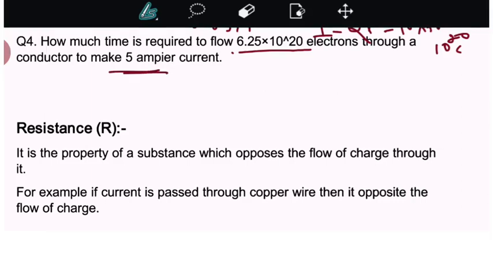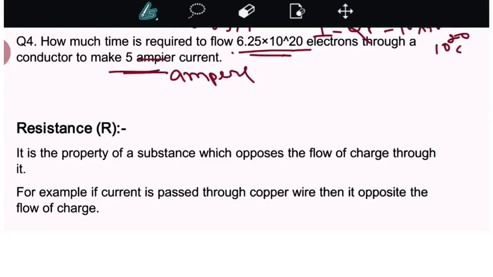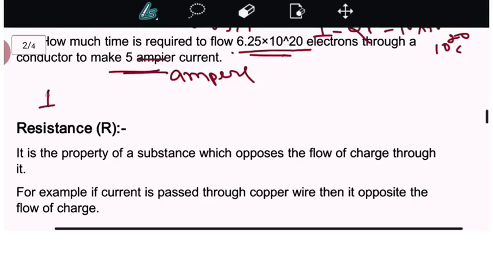It is also easy. At first you have to calculate Q, means how much coulomb charge is passed. From electrons you can calculate coulomb. And then I is given, I is 5 ampere. So it is very easy to calculate how much time is required. You have read I is equal to Q by t.